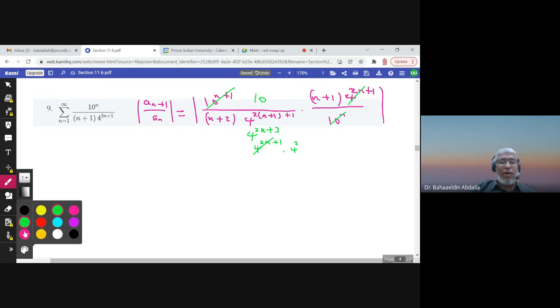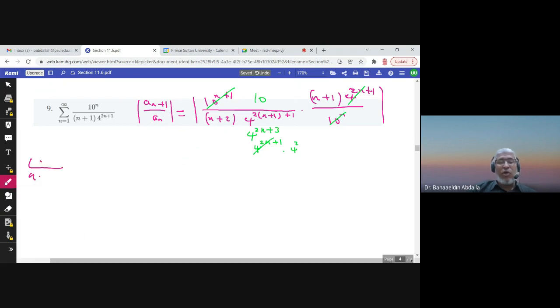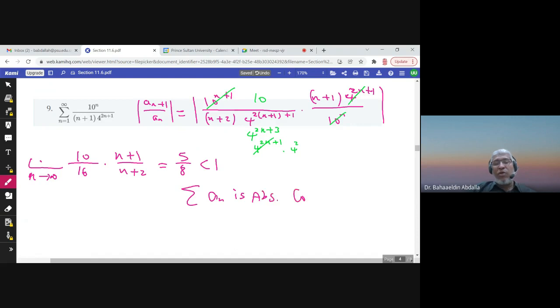And now I can find the limit when n goes to infinity of: I have 10 and I have 4 square, which is 16, and I also have (n plus 1) over (n plus 2). Well, the limit of (n plus 1) over (n plus 2) is 1 when n goes to infinity, so the answer is 10 over 16 or 5 over 8, and that's less than 1. So summation a_n is absolutely convergent by the ratio test.